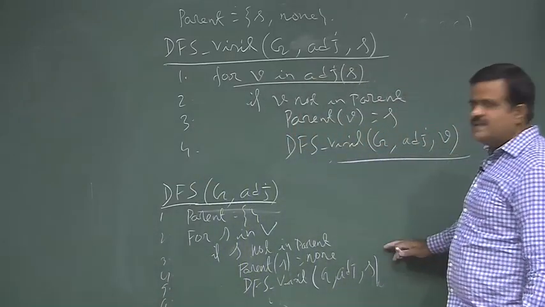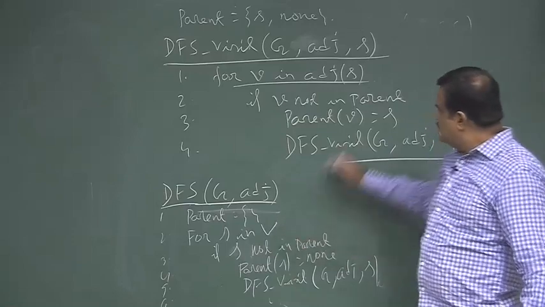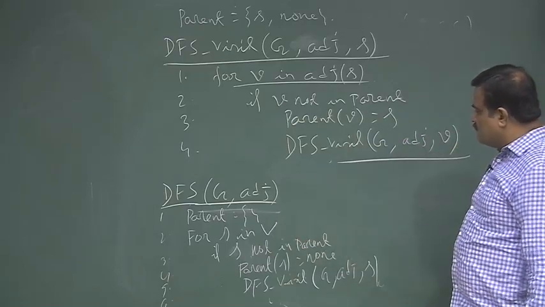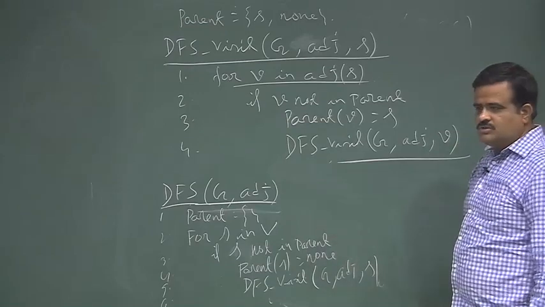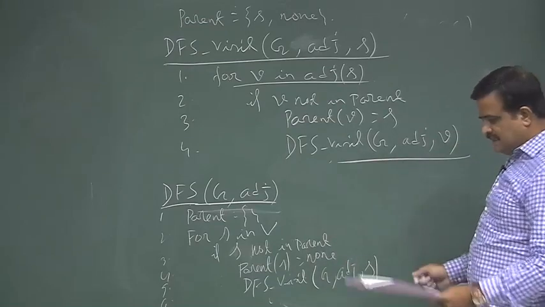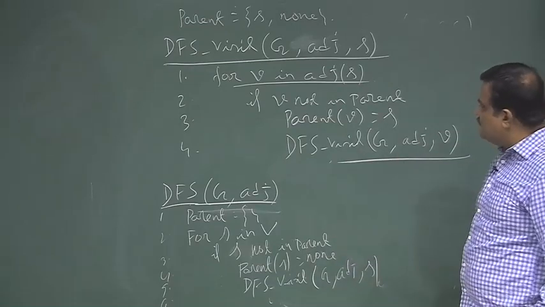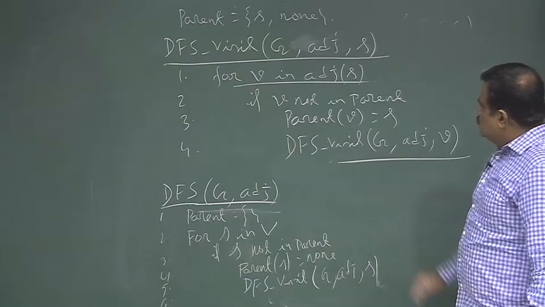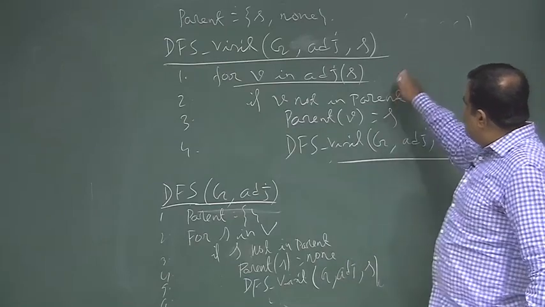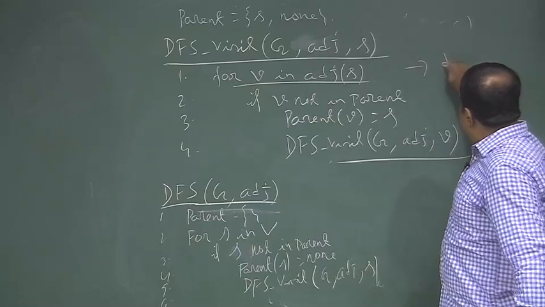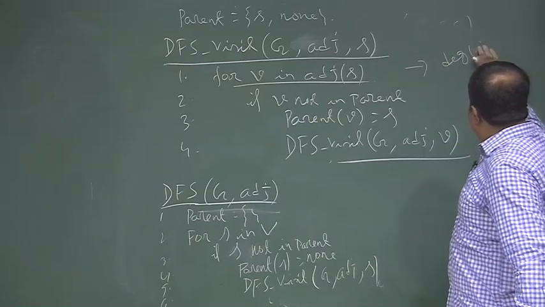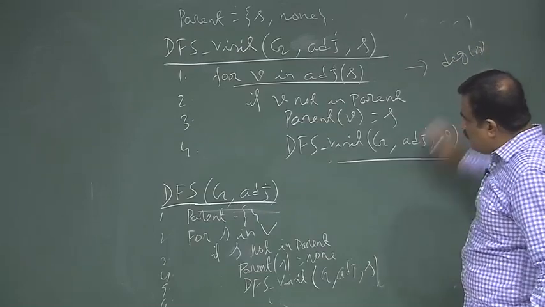So, we start with any arbitrary vertex as S, and if S is not marked, we choose a vertex which is not marked, then we explore this. Let us take an example. But before that, what is the time complexity for this? The time complexity depends on the degree of S, and this is done for all the vertices.